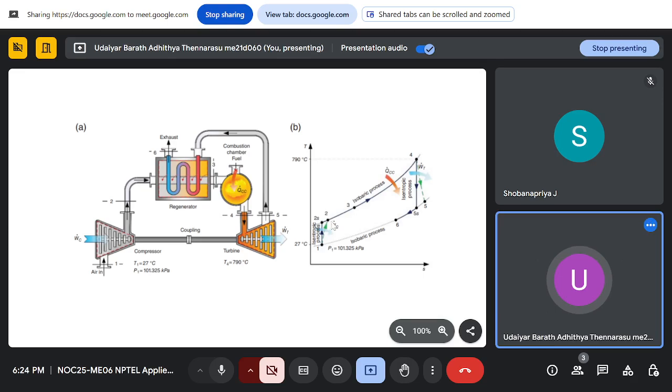So it goes to 3, it will not go to 5, so it will be lower than the temperature at 5, and then again there is heat addition to 4, and then you are expanding, it will go to 5 instead of 5s. 5s is ideal one, and then you are passing through the regenerator to the exhaust. So the maximum temperature is at 4, which is your turbine inlet.